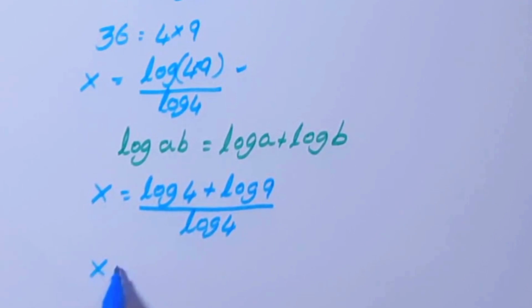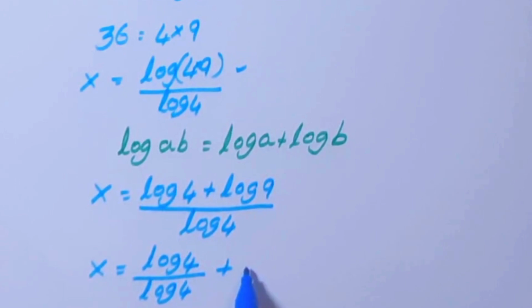Now x equal to log 4 by log 4 plus log 9 by log 4. This cancels this.